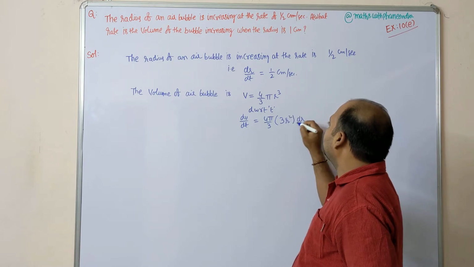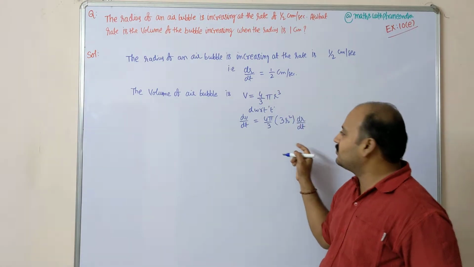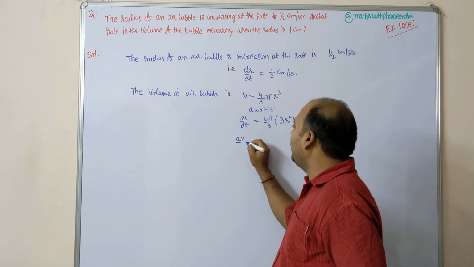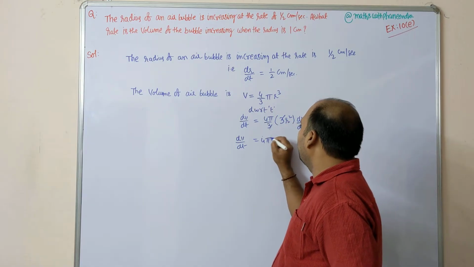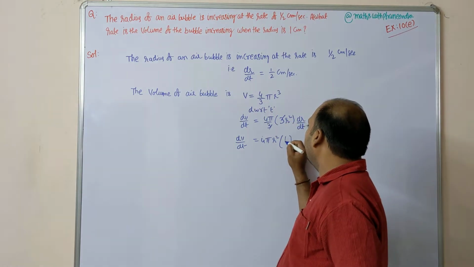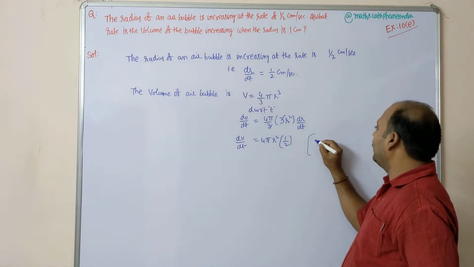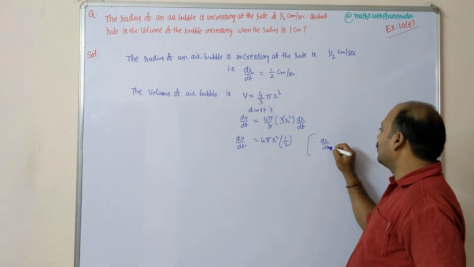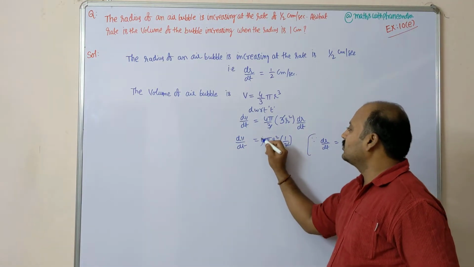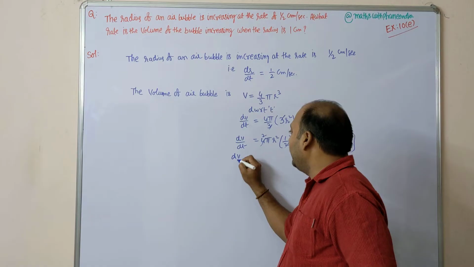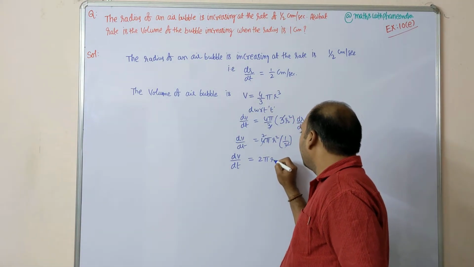Again r derivative is dr by dt. dr by dt value we know, substitute here. So dV by dt is equal to, here 3 gets cancelled, 4 pi r square into 1 by 2. Since the value of dr by dt is equal to 1 by 2, so 2 1s, 2 2s. So dV by dt is equal to 2 pi r square.